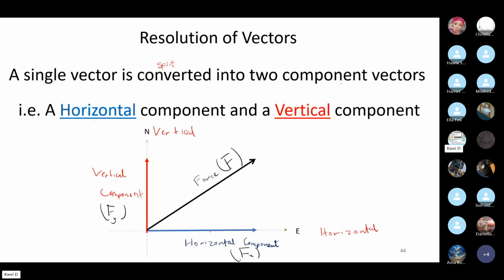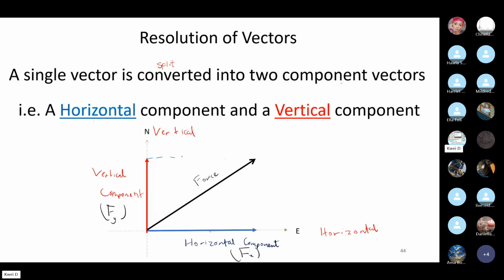So if we take a parallel of the blue like this, and we place it at the end of the red, it is a straight line like that.